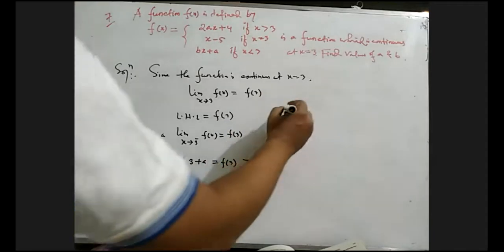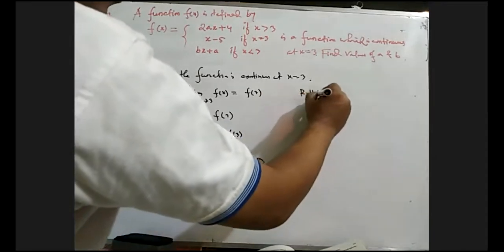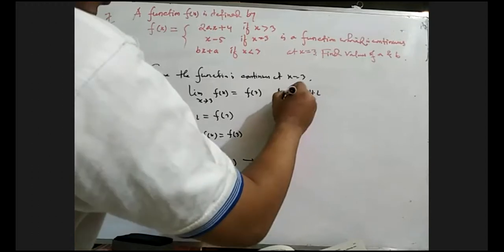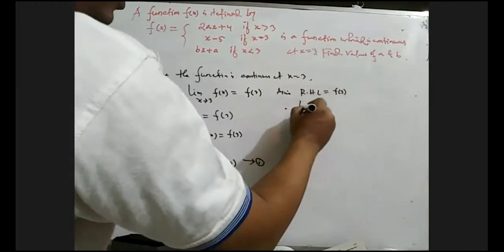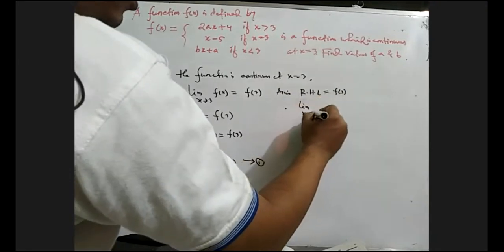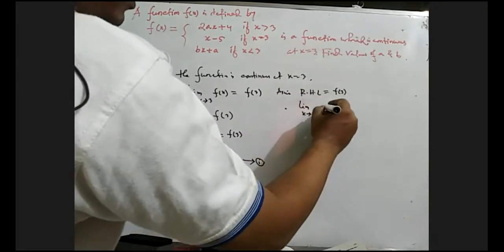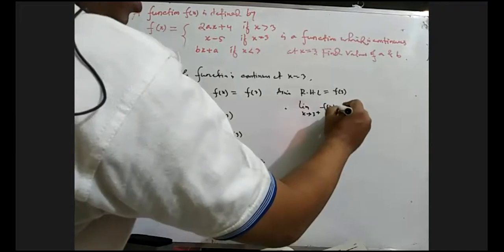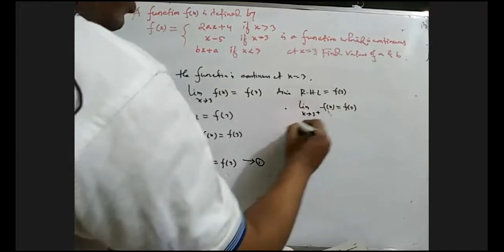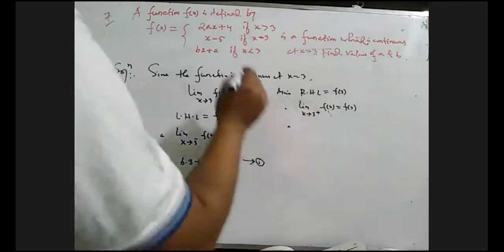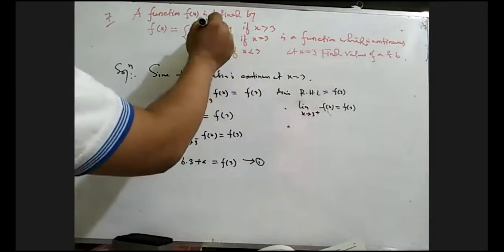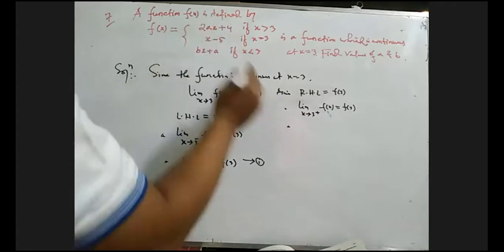Now for the right hand limit, right hand limit equals f of 3, or limit x tends to 3 plus f of x equals f of 3. For x greater than 3, in which function? Twice x plus 4.